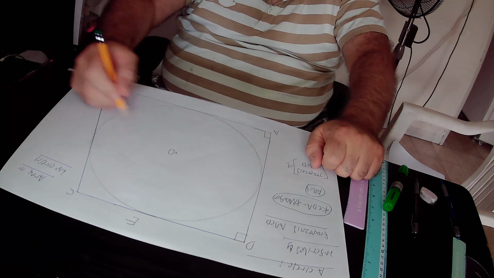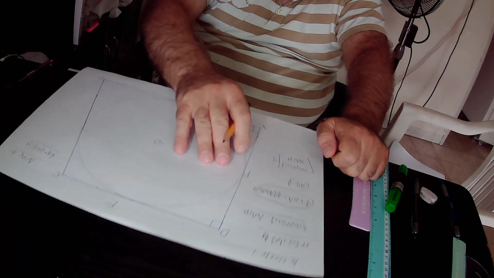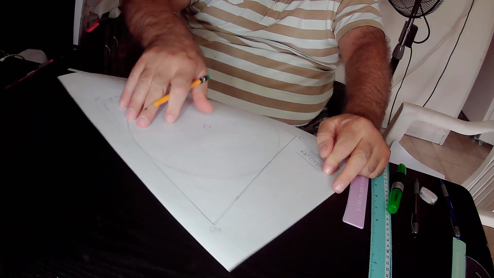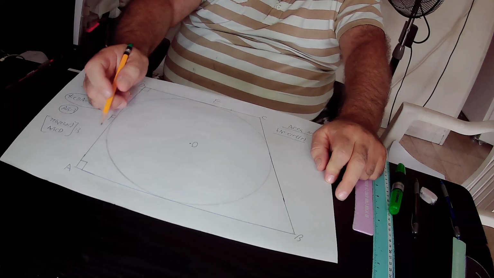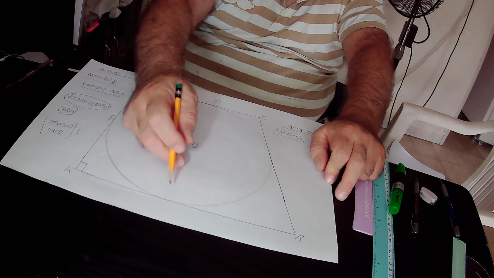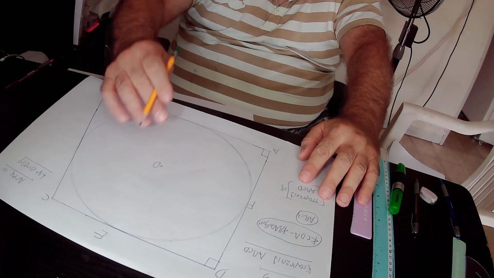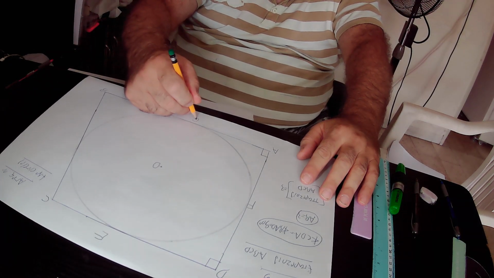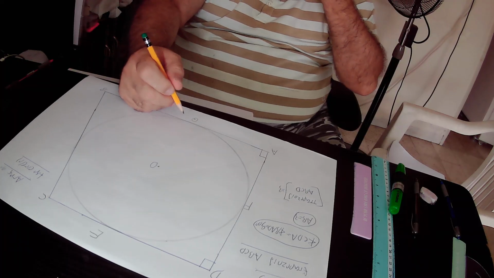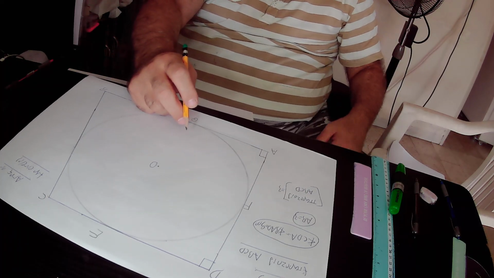This point is point F. And finally, we define the point of tangency of tangent AB with this circle. This point is point G. We define the radius of this circle as X.